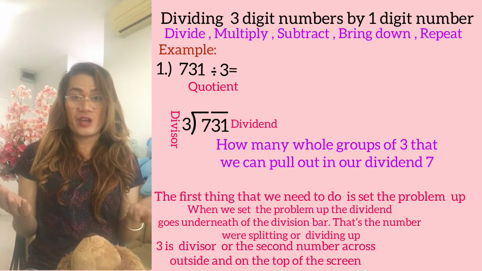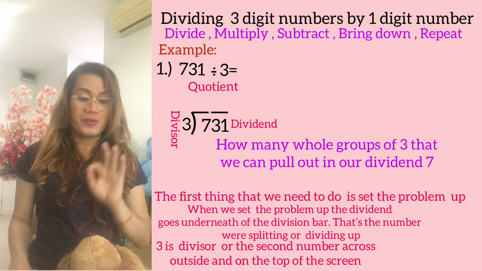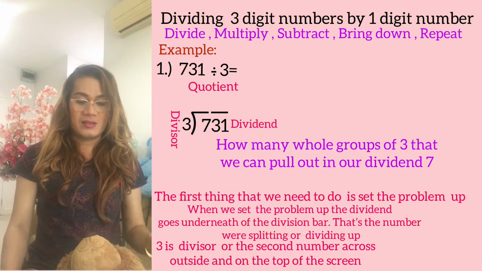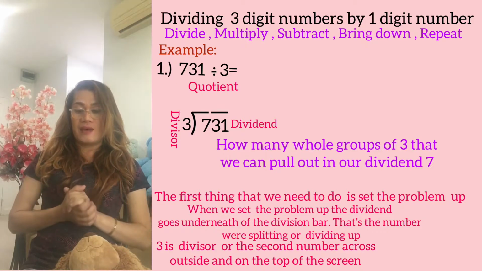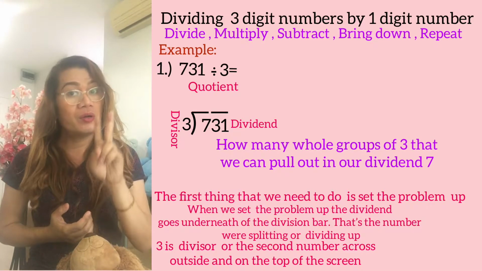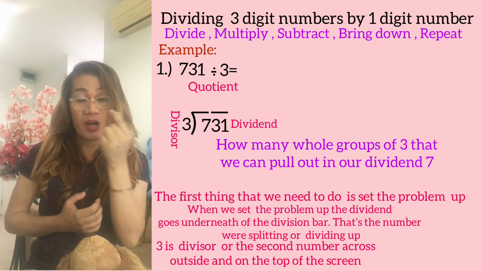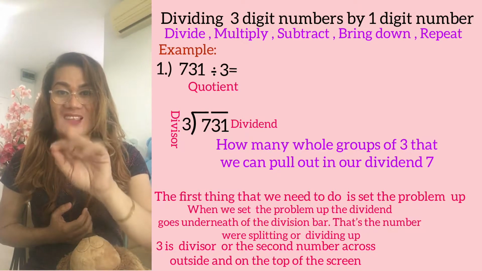We have 2, because 3 groups would need 9, but we have only 7. Two whole groups of 3 out of 7.